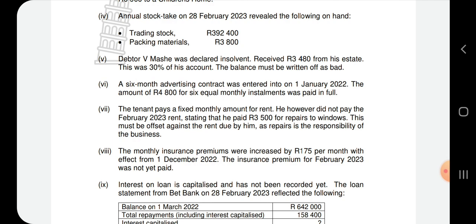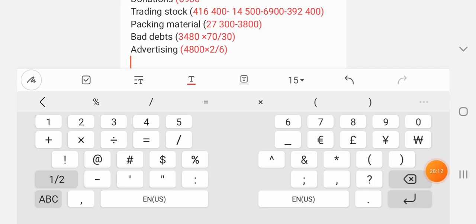You will get the amount that does not include those 2 months that belong to the last financial period. For advertising, you just take the 4,800 rand times 2 divided by 6.